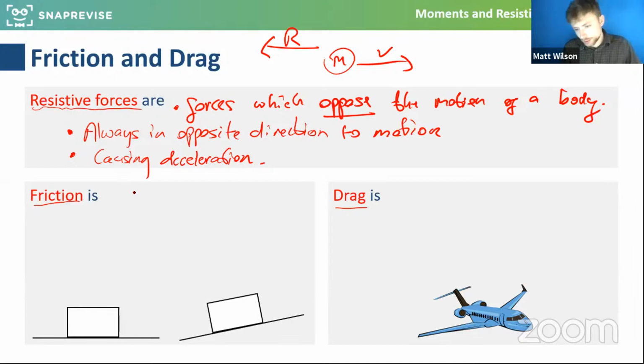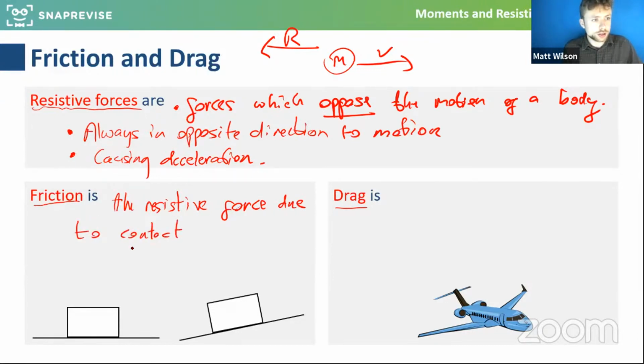I'll start writing down the definition of friction. Friction is the resistive force due to contact, that's a keyword, contact with a surface.